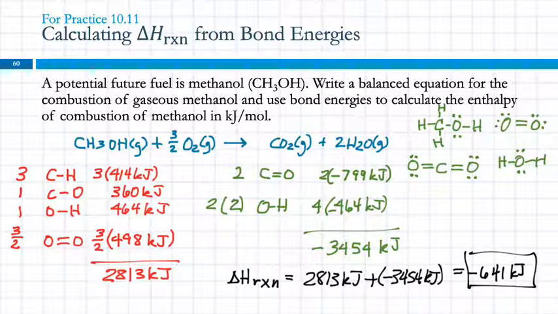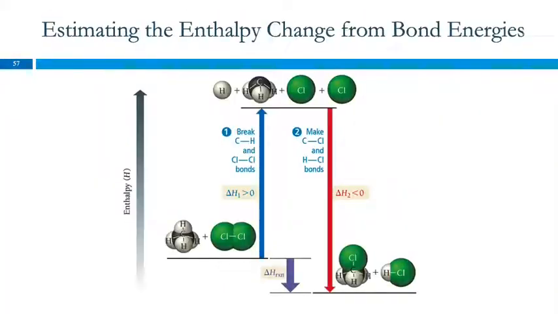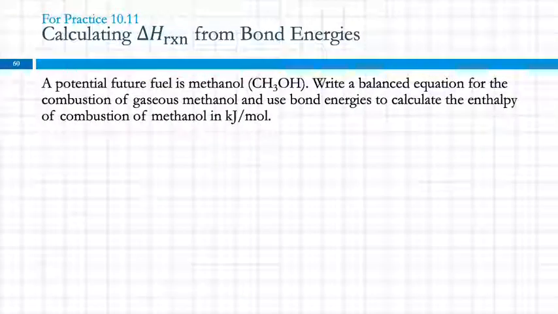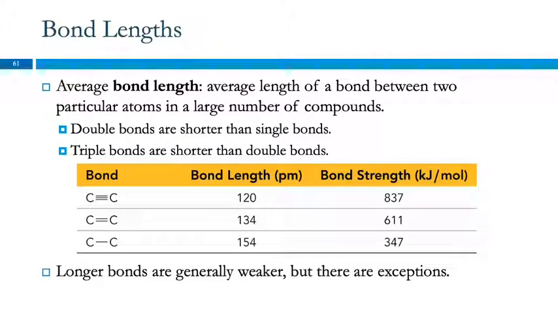Any other questions? Bond lengths pretty much correspond inversely with bond strength. We see that triple bonds are shorter than double bonds, and single bonds are longer.